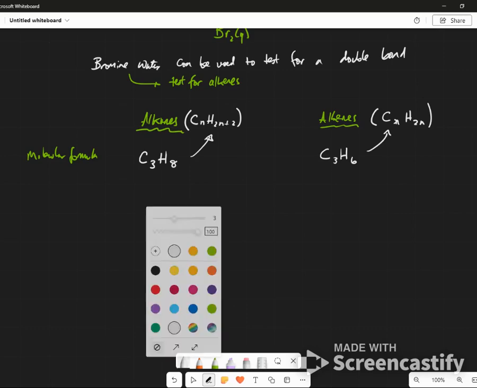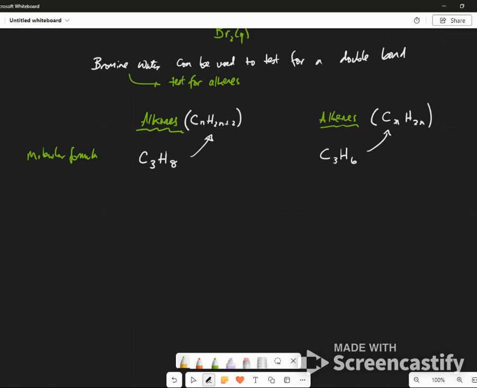The next thing: how else can we tell them apart? Well, let's draw them. 1, 2, 3, and this is propane, isn't it? Oh God, my internet is dying. It's so slow. There's so much lag here. All right, there's propane, and now I'm going to do propene.